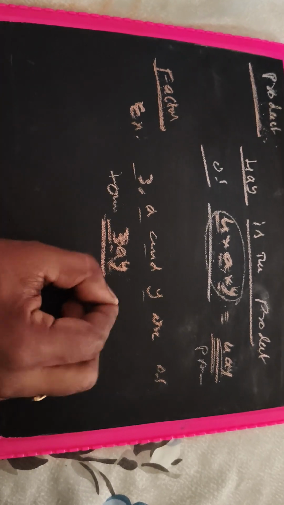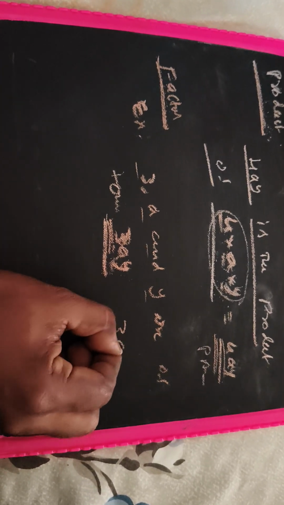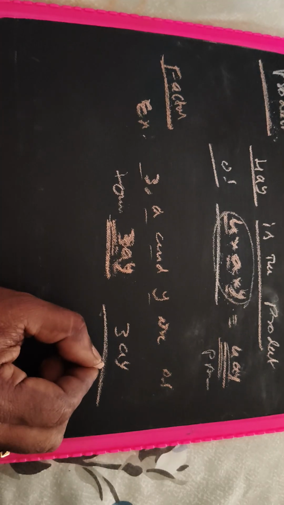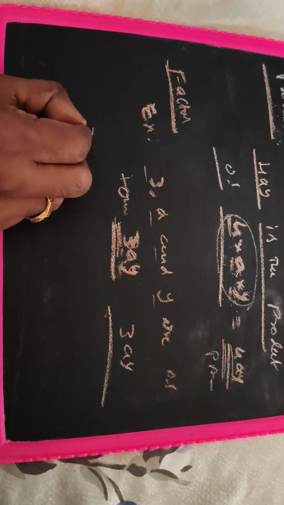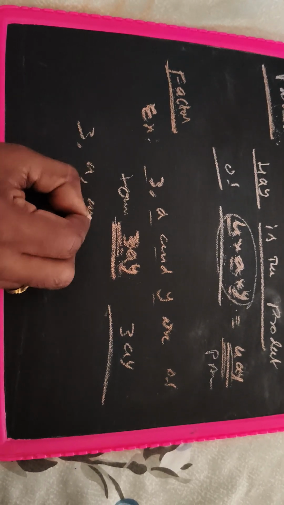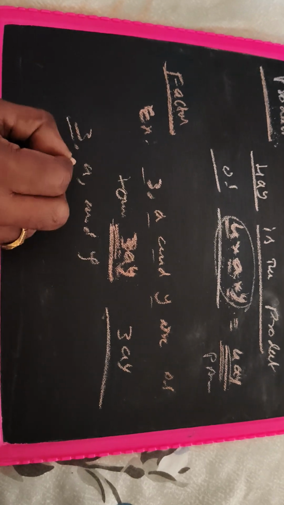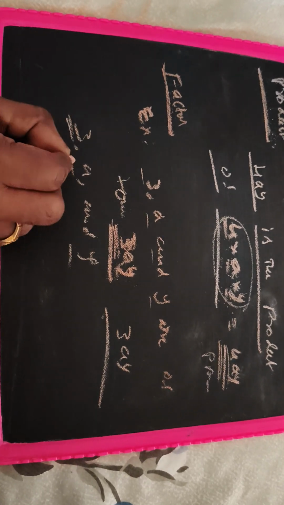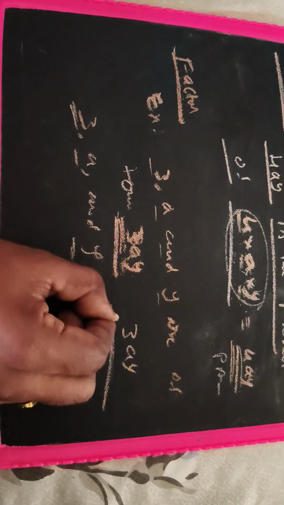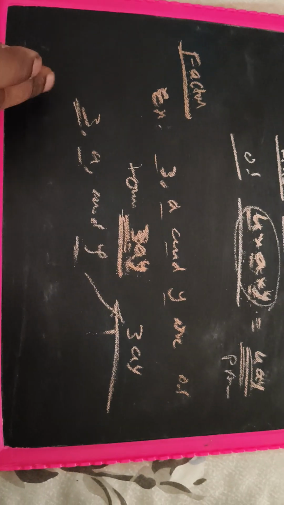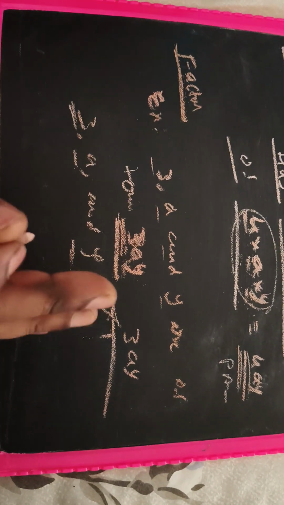What are the factors of the term 3ay? 3, a and y. These are all factors of the term 3ay.